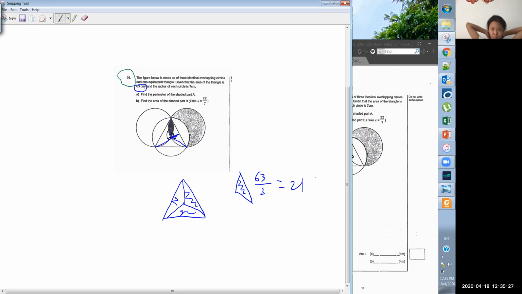So what is this? This part. So let me get it. This. Okay. So what you need to find is this part.